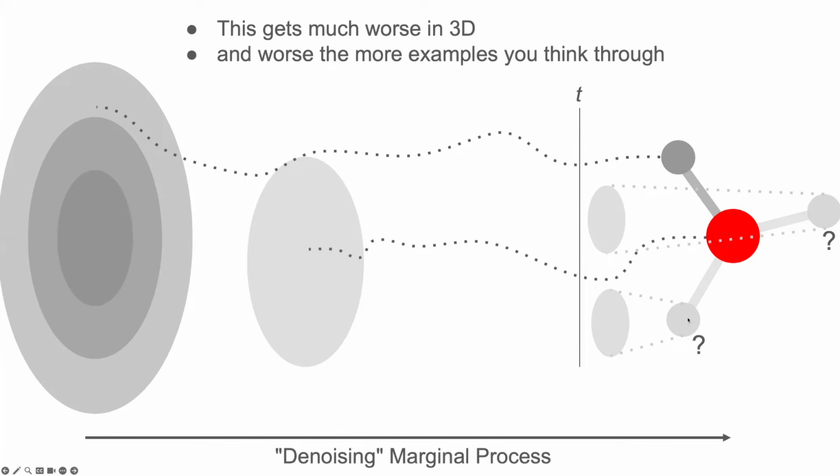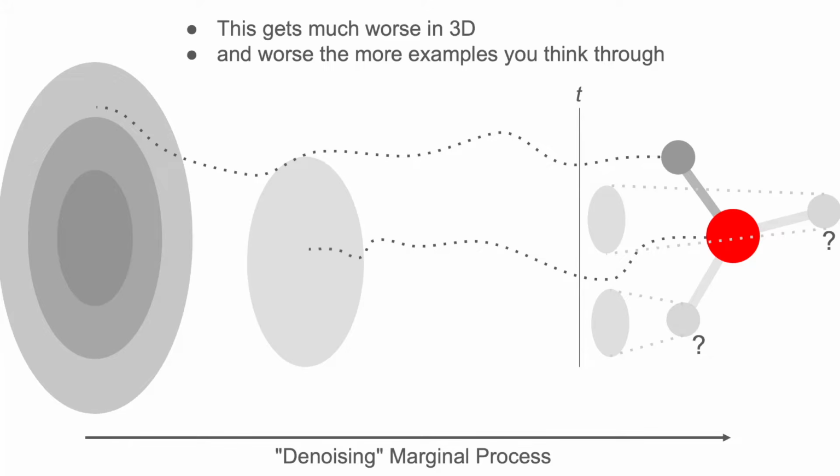If you imagine the atom being here or here, the legal space it could be in is some circle around, and the distribution you have to jump to spawn a new atom, if you want to match your noising process, is going to be some smeared circle of Gaussians. And the more examples you think through, the worse this gets.